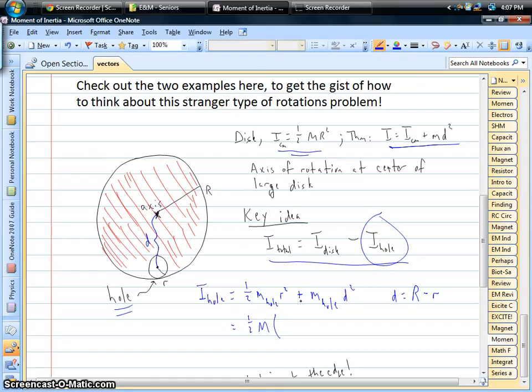Well, this is where the distribution of mass comes in handy. The distribution of mass is spread throughout the area of the disk as we look at it. Okay, so I'm going to say that it's the ratio of the area of the hole, pi little r squared, over the entire cross-sectional area of the entire disk, pi big R squared.